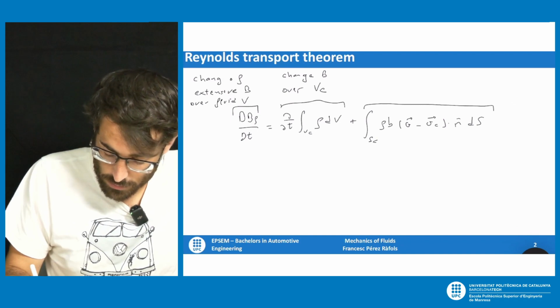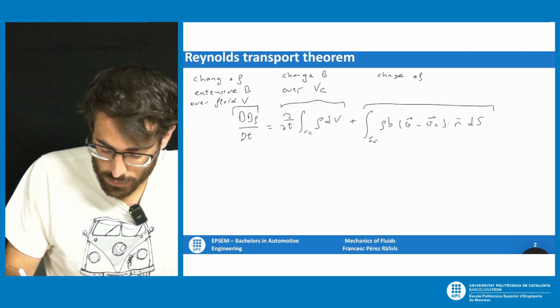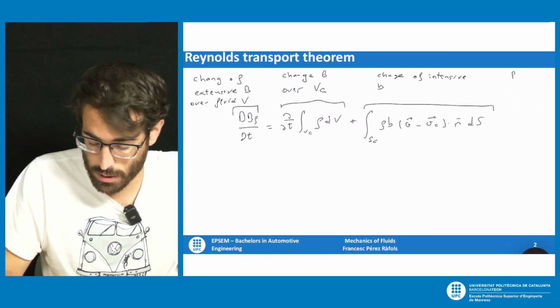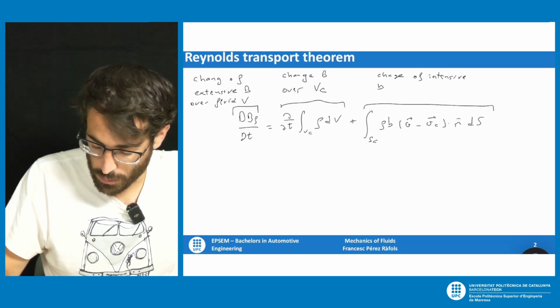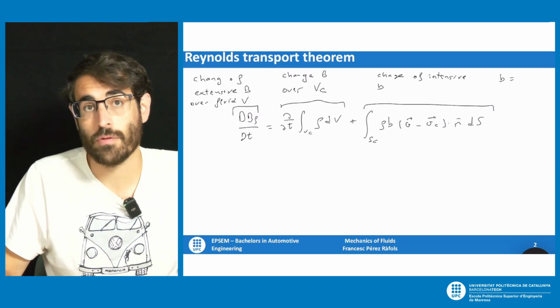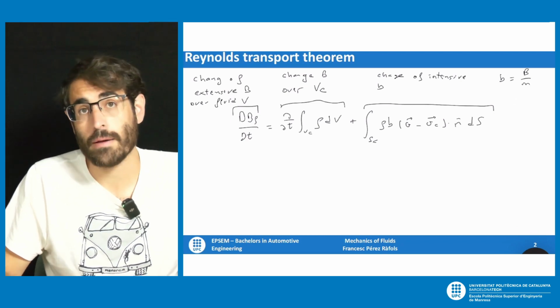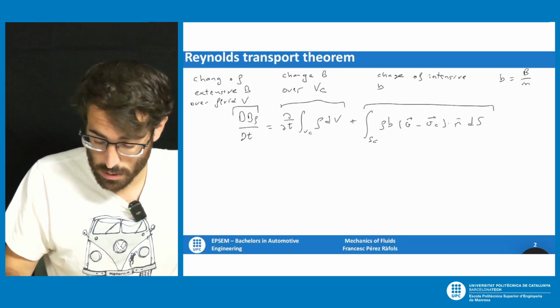And then finally, this term here is a change of the intensive property b, and recall here that, if we write it the other way, b was the intensive version of capital B, so the amount of B by the amount of mass.